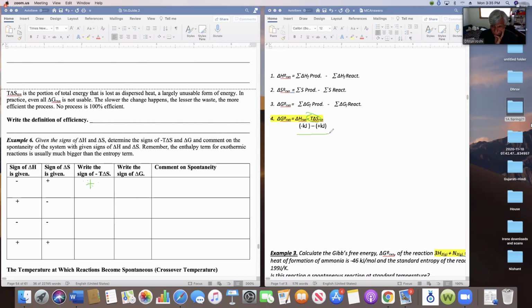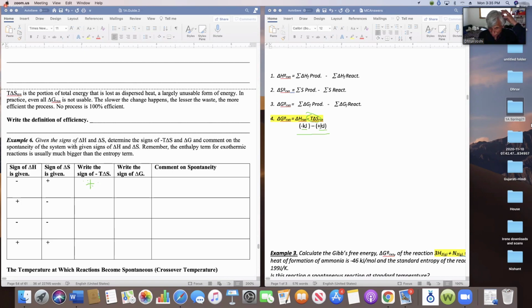Everybody understand what we are doing here? This delta H is negative kilojoules. Now this is going to be positive because T delta S is positive.